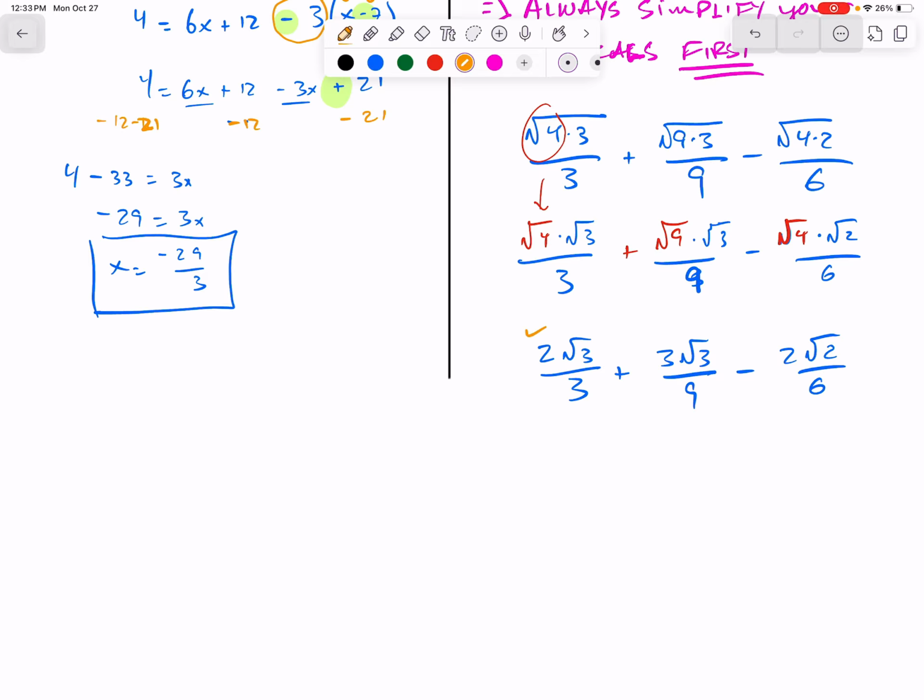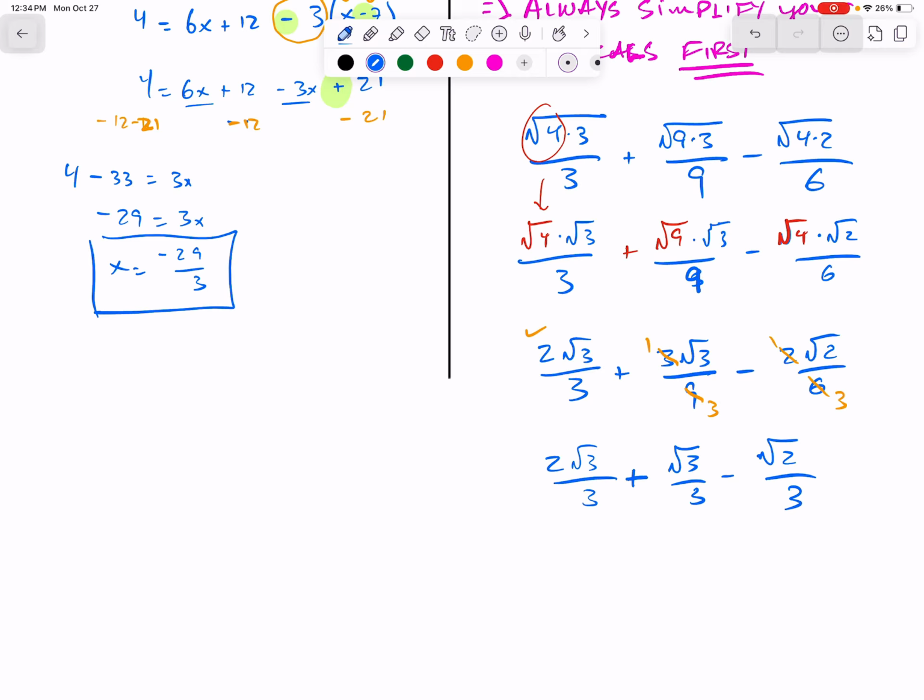That one's okay. 3 goes into 3 once, goes into 9 3 times. 2 goes into 2 once, goes into 6 3 times. So what we're left with is 2 root 3 over 3 plus root 3 over 3 minus root 2 over 3. And this combines a whole lot of stuff from that homework you had. I think it was 1.5b with all the radicals that you did.